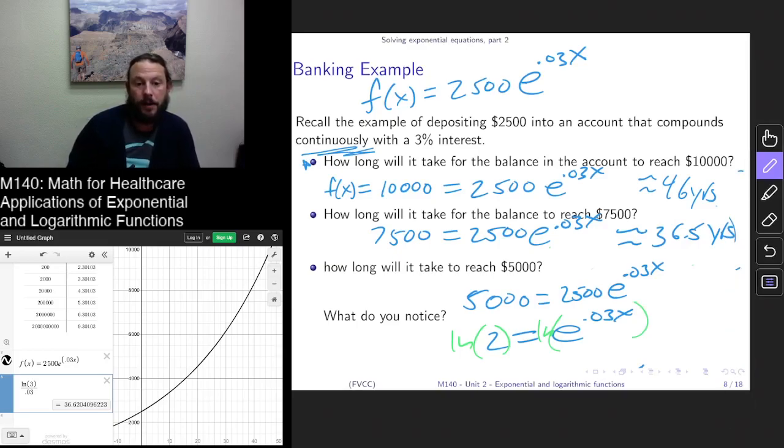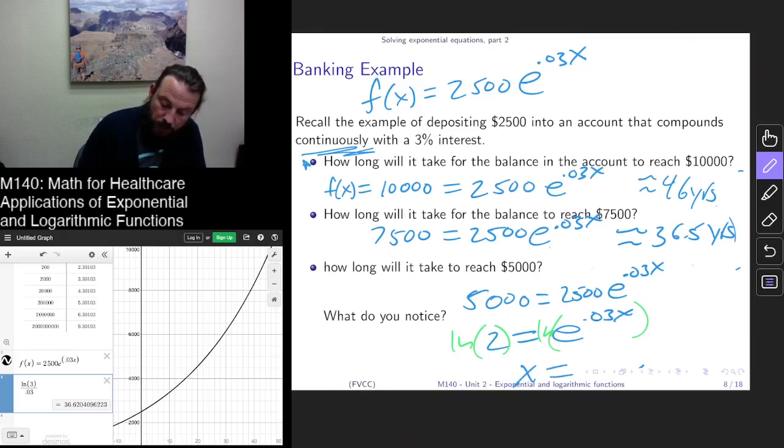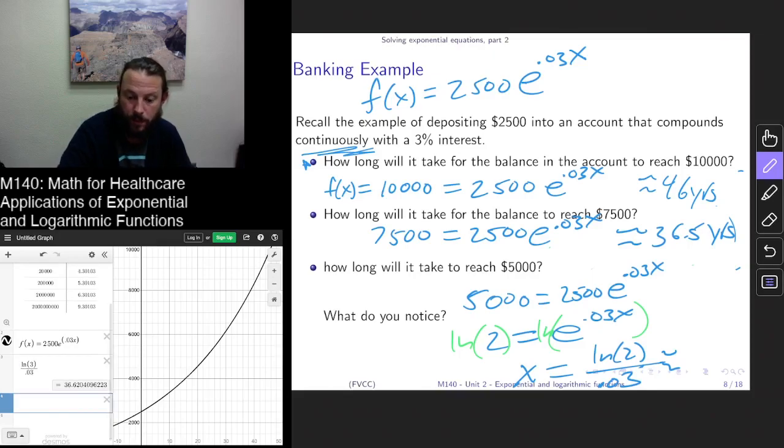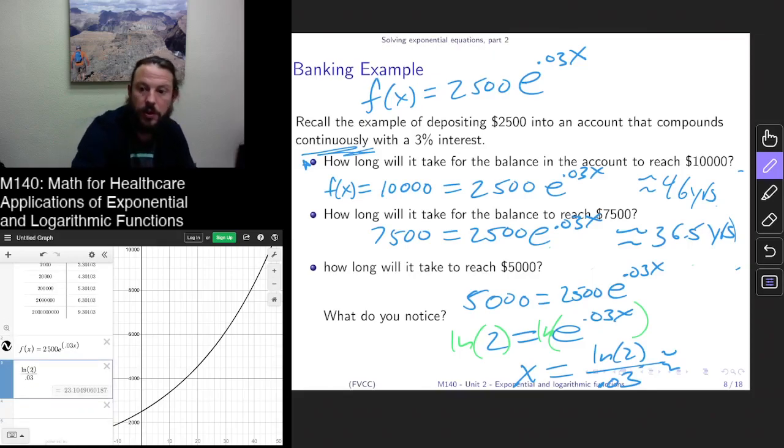All right, and we end up with x. Again, I'm going to make this a little short here, but x equal to the natural log of 2 divided by 0.03, and that is approximately 23.1.